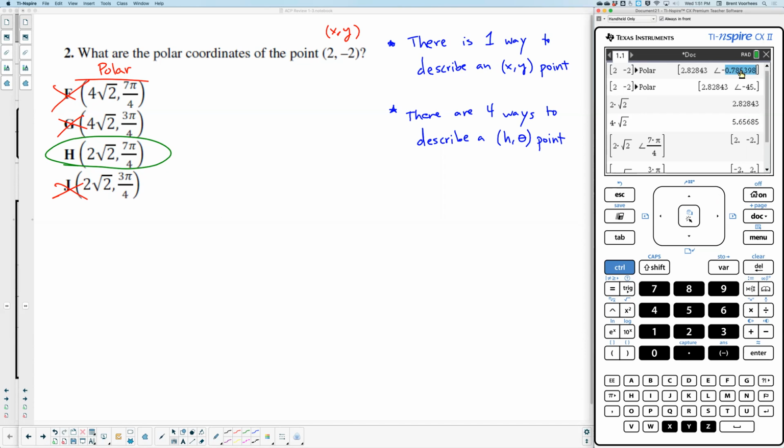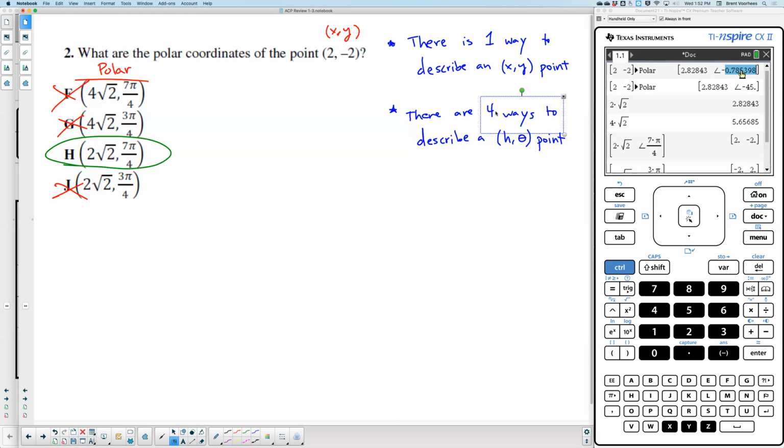Did any of my answer choices have a negative angle? No. The calculator happened to solve for one of these 4 ways, but it was not the way that the answer choice was listed. So my point in showing you this is not to say do it both ways. I'm not saying that at all. What I actually say when you're taking this test, if you can just remember, there's more than one way to write an x and y.